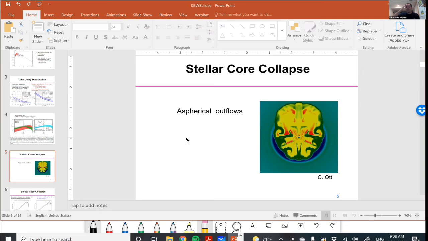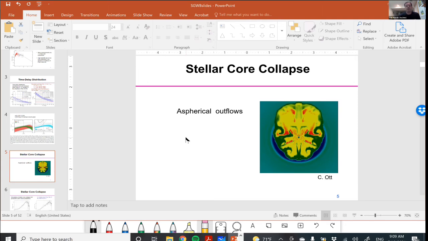So the message I'm trying to get across is that the stellar core collapse process is another situation where we have large masses moving relatively fast. So we expect gravitational waves to be produced, but exactly what the waveform should be for those gravitational waves is far from clear, and it probably will depend significantly on the individual object that's collapsing.